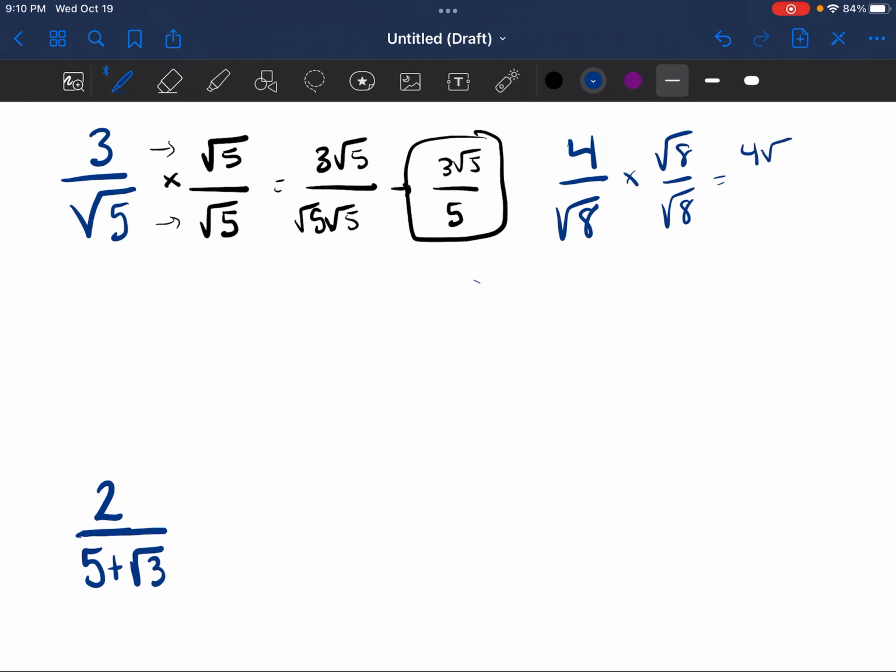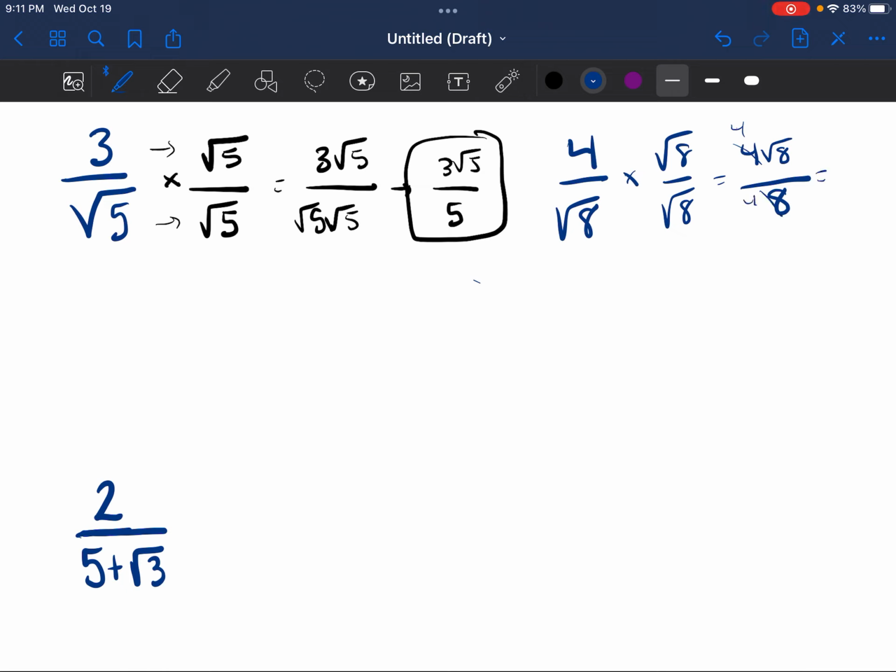So I'll get 4 root 8 over the square root of 8 times the square root of 8, which is just 8. Now, I can't simplify these because this is the square root of 8, this is 8. This is inside the radical, this doesn't have one. I can't simplify that, but I can simplify this 4 and the 8. I can divide both of these by 4.